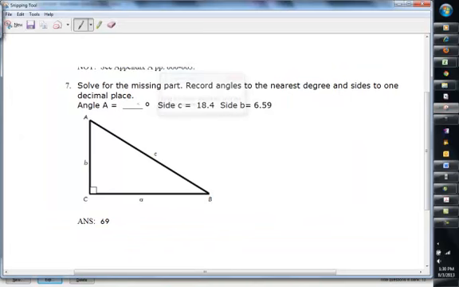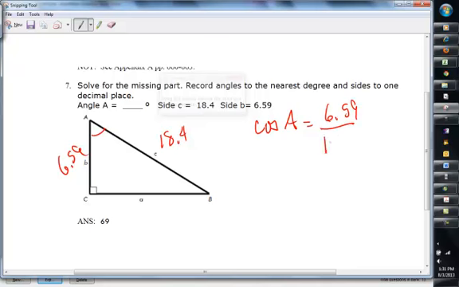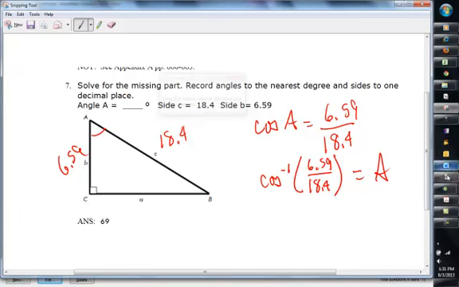A is what we're looking for, so we're looking for the angle. C is 18.4, B is 6.59. So the cosine of A is the adjacent side, 6.59 over 18.4. Or in other words, cosine inverse of 6.59 over 18.4 will be our angle A. If you're looking for the angle, press Shift and then that function.